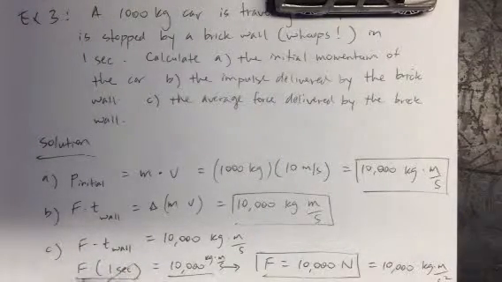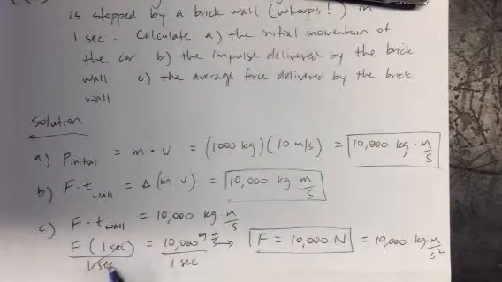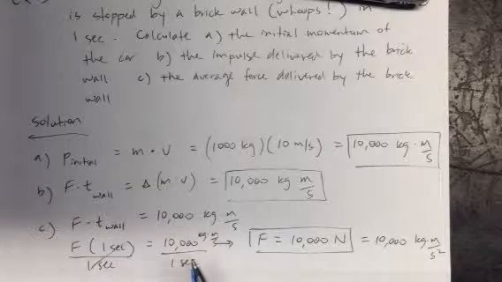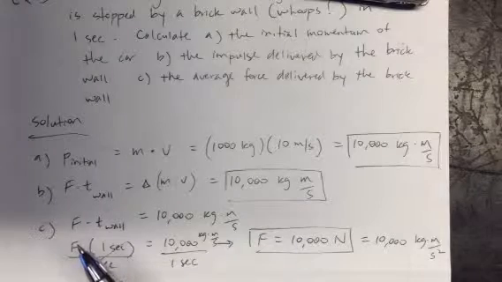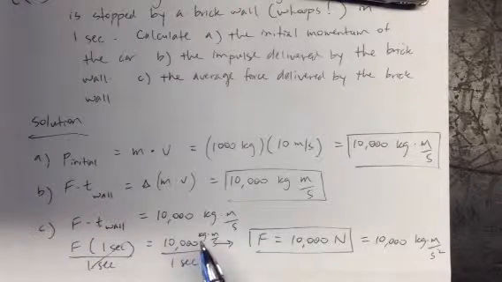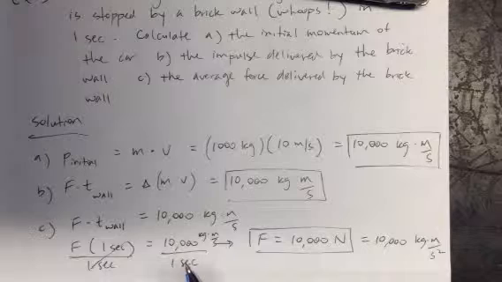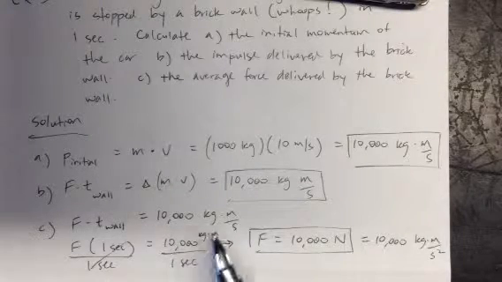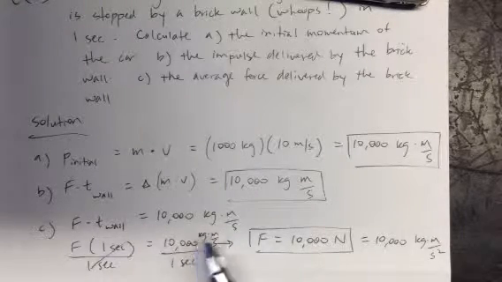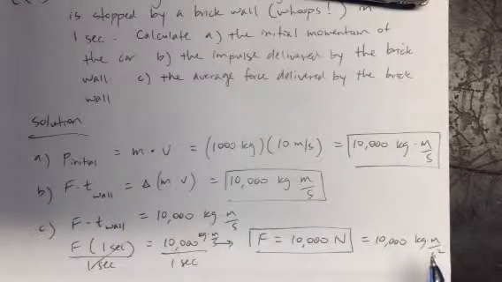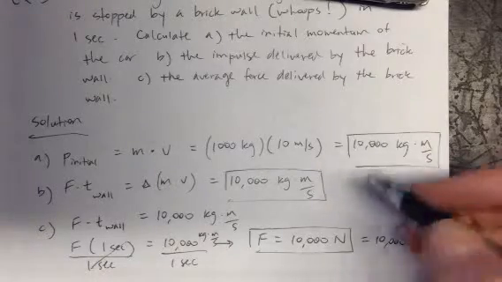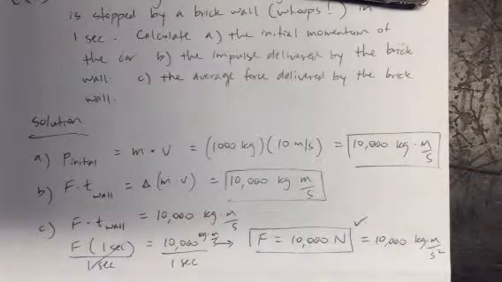And so getting F by itself means we divide both sides by 1 second. 1 second goes away on this side, and we get F all by itself is equal to 10,000 kilogram meters per second squared. And a kilogram meter per second squared is called a Newton, so we can just call this 10,000 newtons. So this is our final answer for question C.